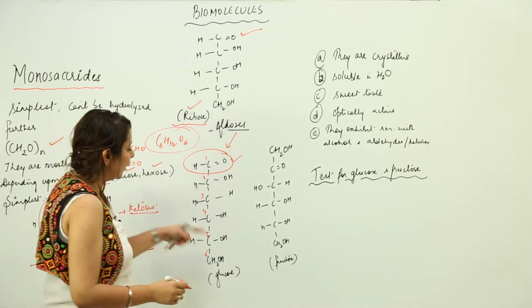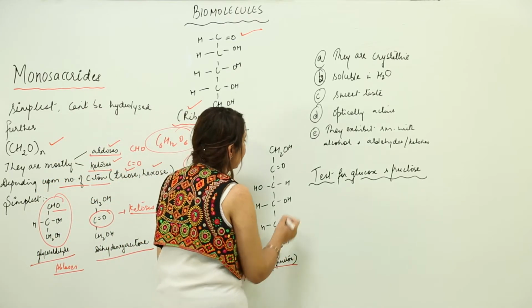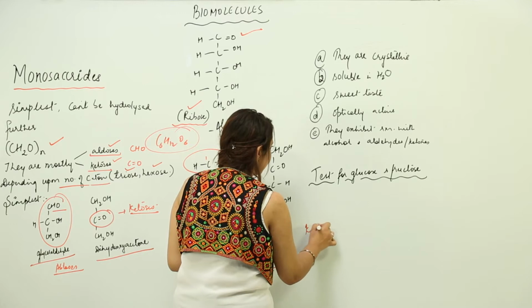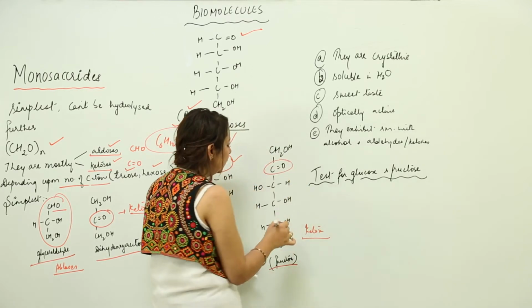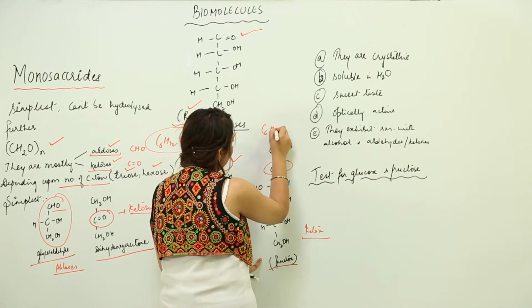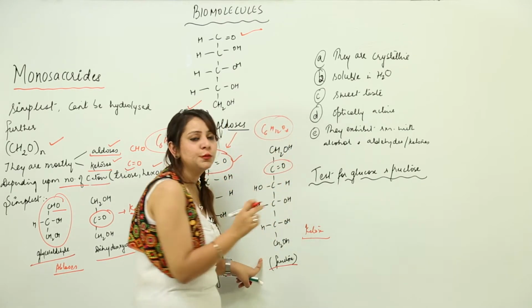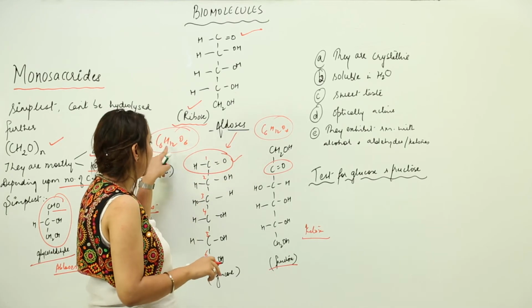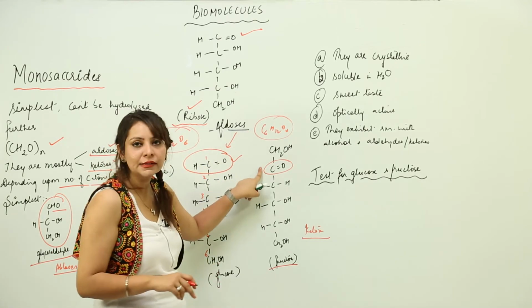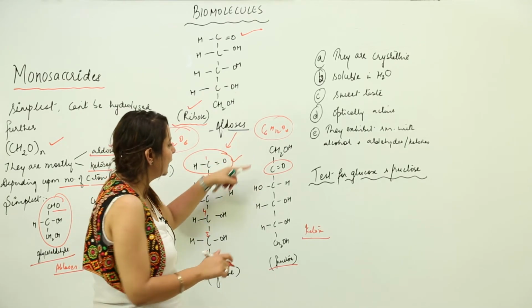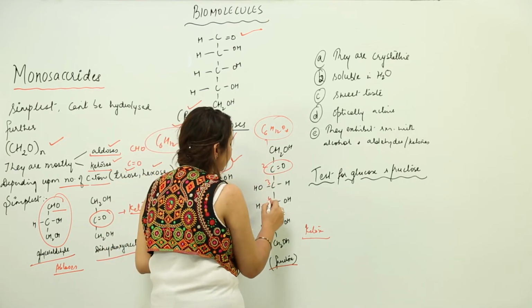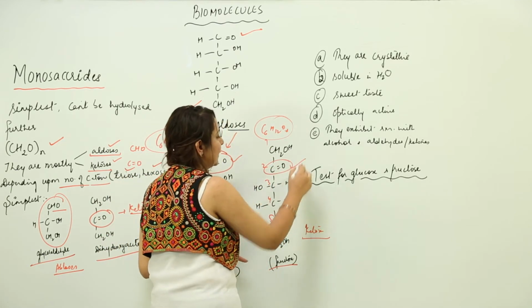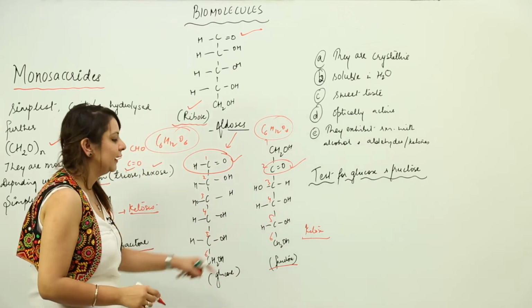And we have one more sugar, that is fructose, but it is actually a member of ketoses, because we see a ketonic group here. Its molecular formula is also the same, but the arrangement of atoms is different, because both have the same formula, but one has an aldehydic group and the other has a ketonic group. Again 1, 2, 3, 4, 5 and 6 carbons, but it has a ketonic group. This is called fructose.